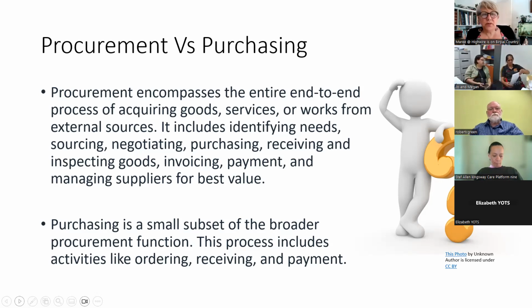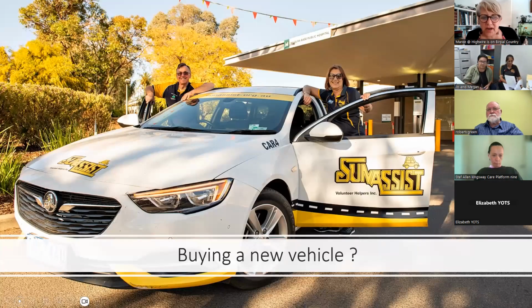And for some of you, it'll be documented in a procurement policy. And for some of you, it'll be documented in a purchasing policy and procedure. Doesn't matter, as long as it's written down how it happens. So there you go. Procurement's the overarching how it all happens. And then purchasing is how we order, receive the item or the service, and how we make payment. Just a little bit of inside information.